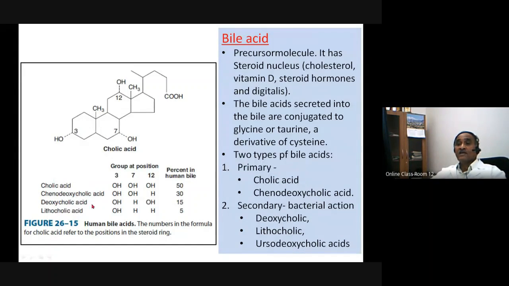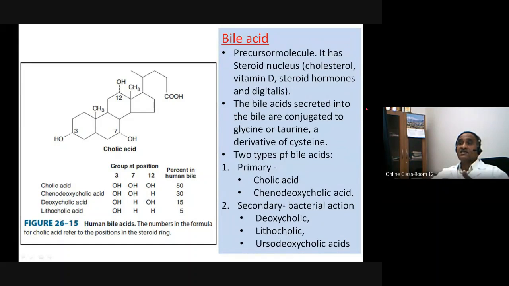These are the primary bile salts, originating from the sterol ring. The precursor molecule for the bile acid is a steroid nucleus. The steroid nucleus comes from cholesterol, vitamin D, steroid hormones, or digitalis. These are the sources for the precursor molecule.